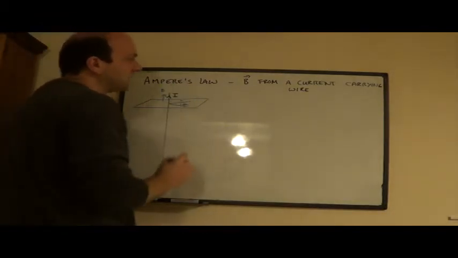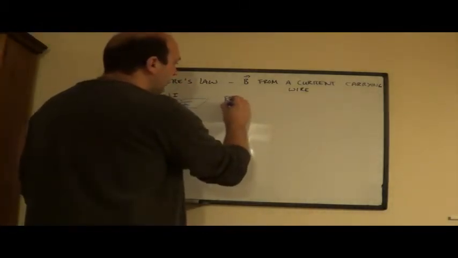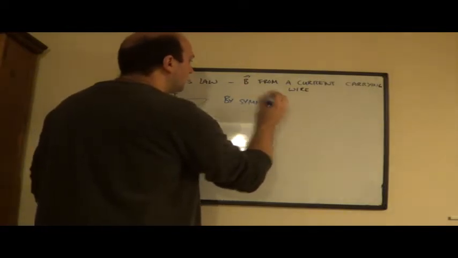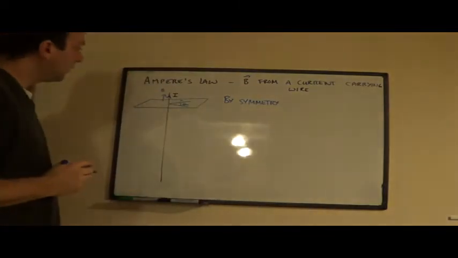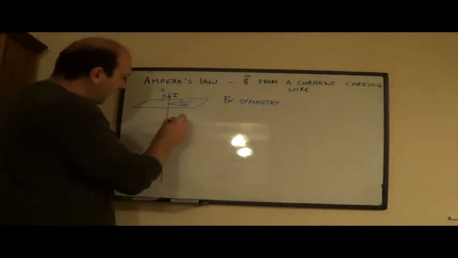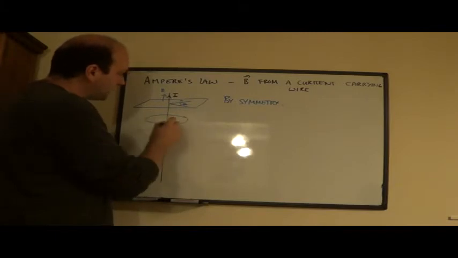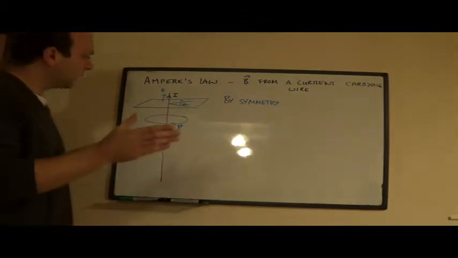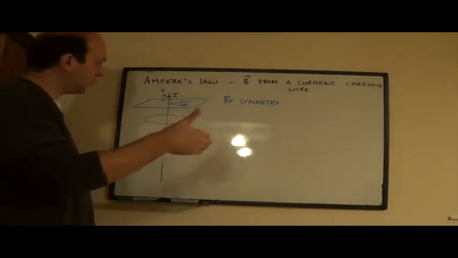If we're going to use Ampere's law, we have to begin by making a symmetry argument about the form of the magnetic field. What I'm going to claim is that the magnetic field will be in loops centred on the wire with the direction given by the right-hand rule.